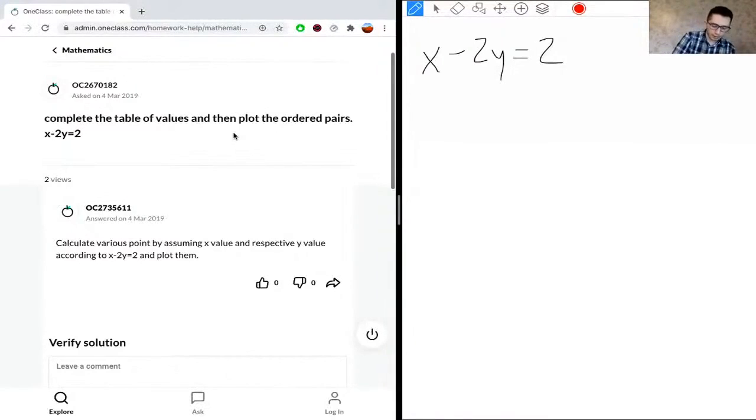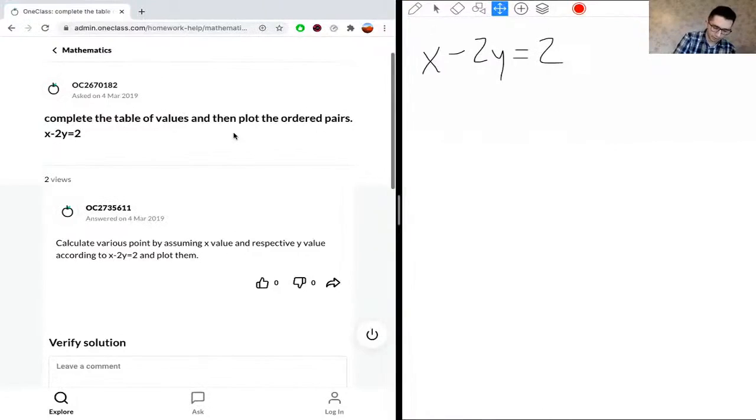The best way to start off is to put the equation in the format of y equals mx plus b, where m is the slope of the function and b is the y-intercept. So we'll rearrange the equation.